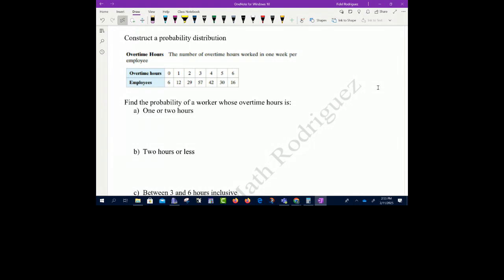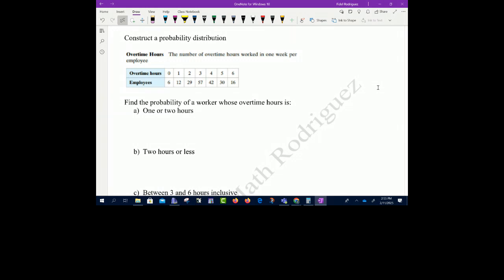There were 6 people that didn't work any overtime hours. 12 people worked 1 overtime hour, 29 people worked 2 overtime hours, 57 worked 3, 42 worked 4, 30 people worked 5 hours overtime, and 16 people worked 6 hours overtime.